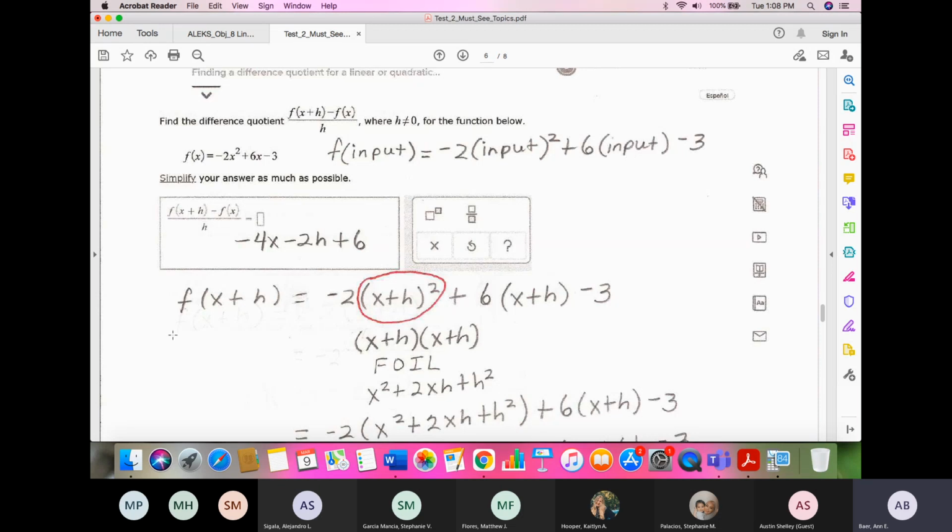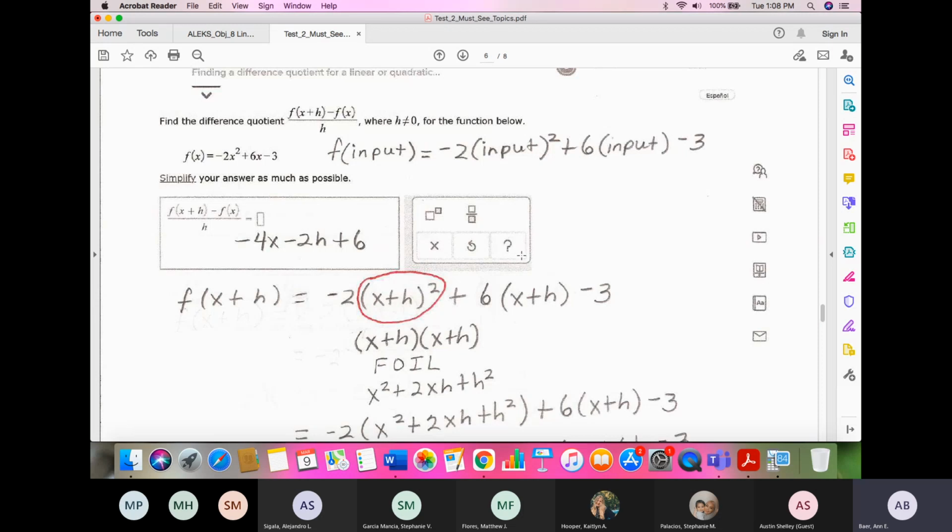So when we copy just f of x plus h down like this, and I want to see your work labeled like this, equals, it would be negative 2 from here. And then we have input. What is our input? Our input is what sits right here. It's x plus h. And then we want to take that x plus h and square it. So this would be x plus h squared here. And then plus 6. So you're plugging it into this formula up here, if you will.